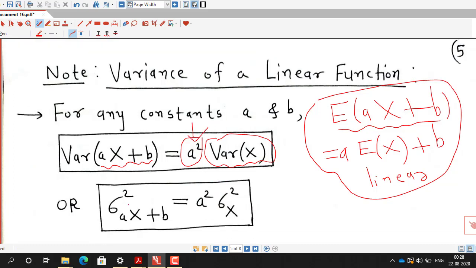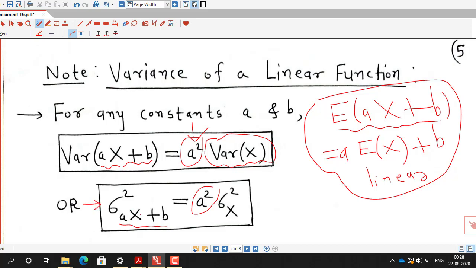In another notation we can write sigma square corresponding to ax plus b equal to a square into variance of x.